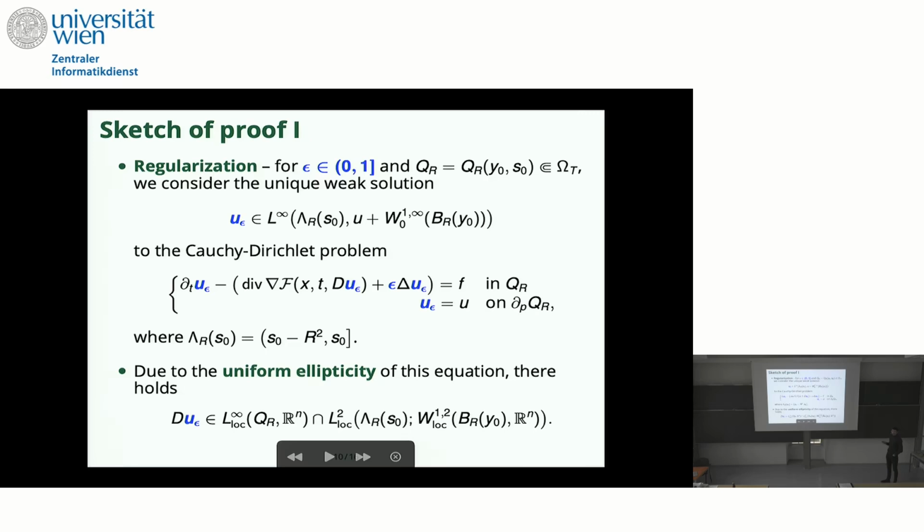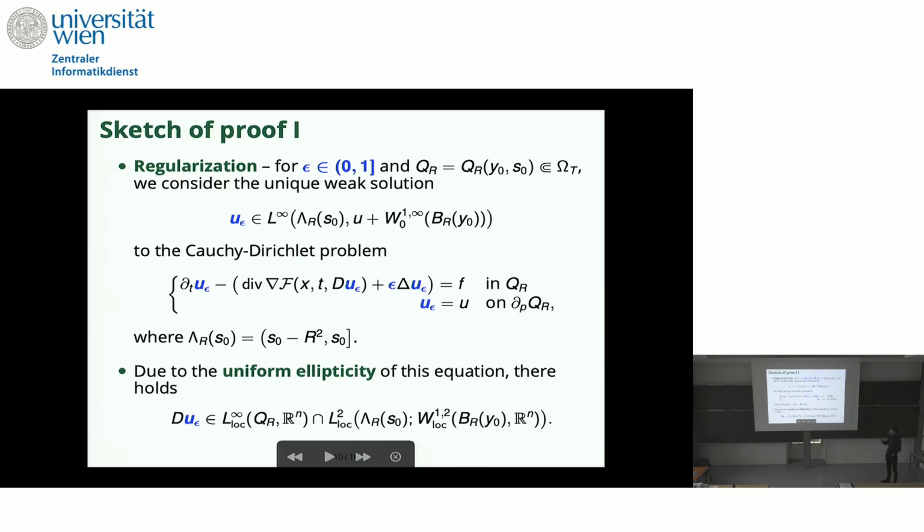We consider the unique weak solution u_ε to this Cauchy-Dirichlet problem, where u_ε takes the original solution u on the parabolic boundary of the subcylinder, and u_ε does not solve the original equation, but rather this enhanced version of the equation, where now note there is this additional Laplacian scaled with this small scaling parameter epsilon.